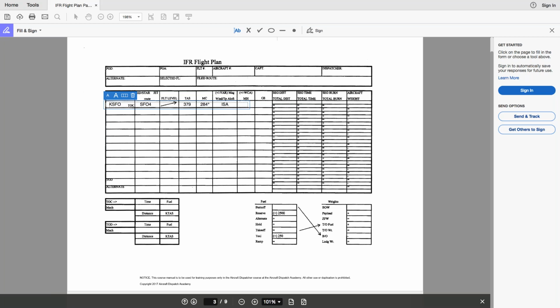It's still open book, right? They allow you to use all these sources on your practical. It's not open notes, but they do allow you to use some of your training books and manuals.